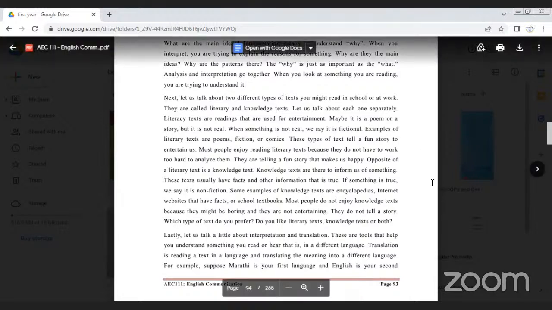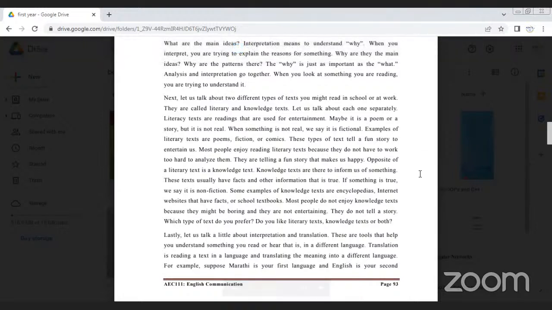Next is knowledge text. What does knowledge text mean? Knowledge texts are there to inform us of something. These texts usually have facts and other information that is true. If something is true, we say it is non-fiction.